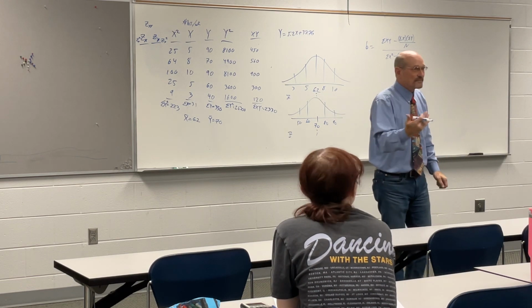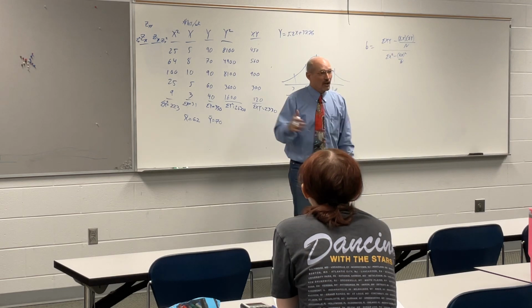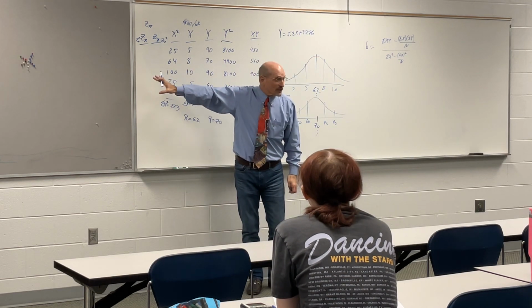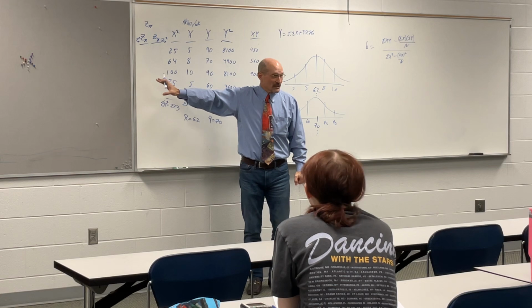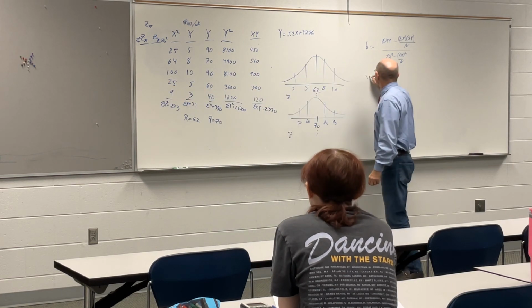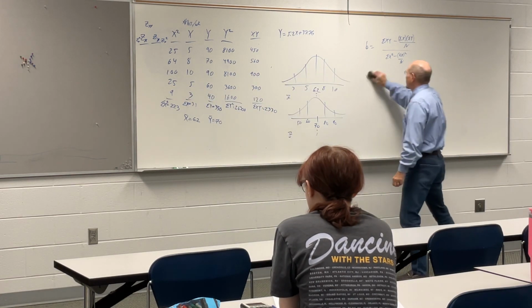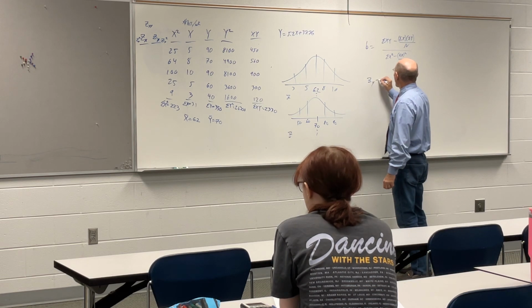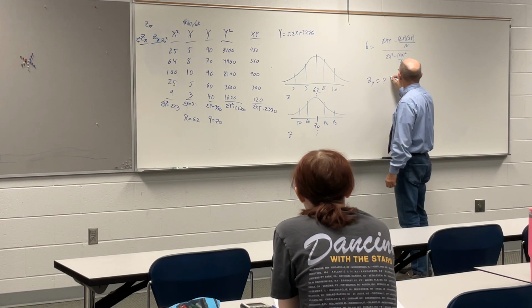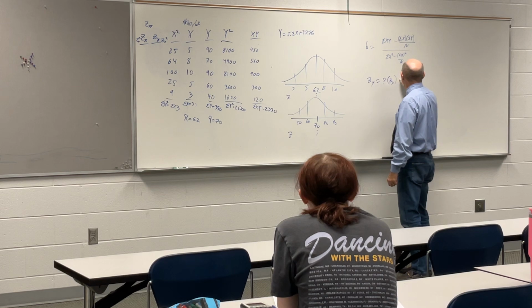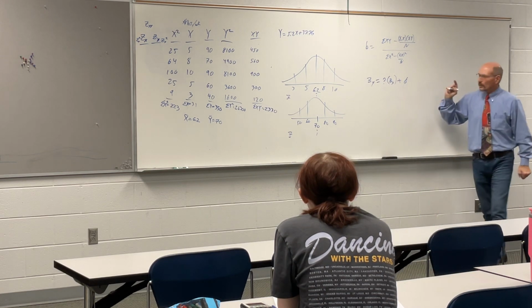So effectively, if I'm doing a linear regression on Z scores, there is no intercept term. I'll rewrite it slightly. It's effectively saying Z sub Y equals some value times Z sub X plus 0, and that term drops off the equation.